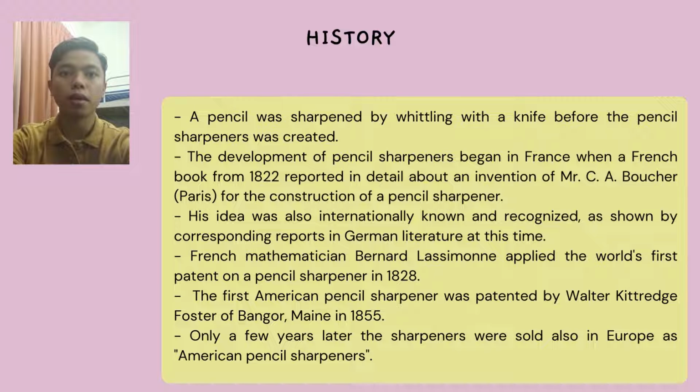French mathematician Bernard Lassimonne applied for the world's first patent of a pencil sharpener in 1828. The first American pencil sharpener was patented by Walter Kittredge Foster of Bangor, Maine in 1855. Only a few years later, the sharpeners were sold also in Europe as American pencil sharpeners.